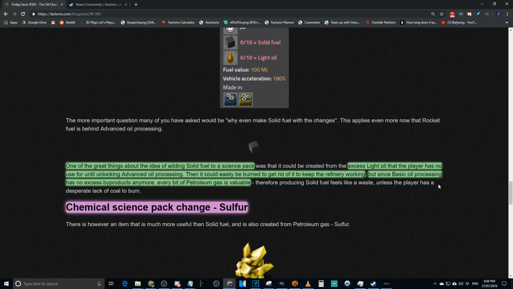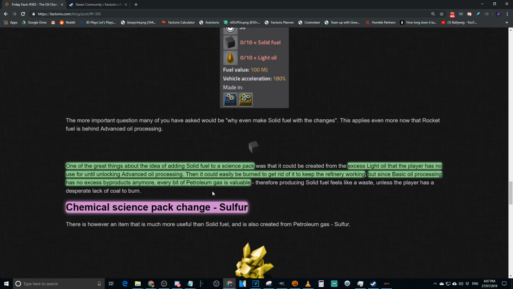I actually was keen on this too because it gave basic oil more of a purpose. It gave you something to do with those liquids to actually have the refinery working rather than just doing what we've done in the past of putting them in giant tanks. But admittedly, having played it out now, I think it works well on paper, but not in practice. Yeah, the idea was there, but it didn't pan out as well.